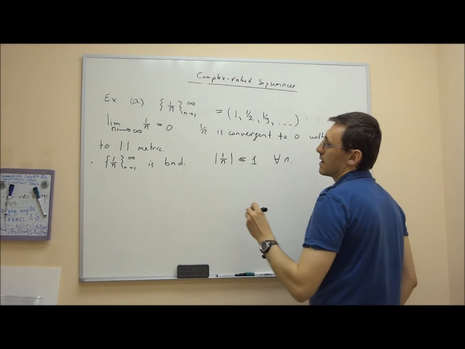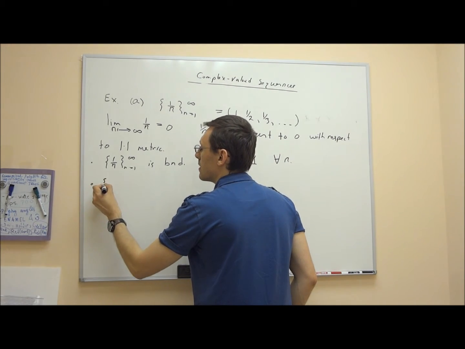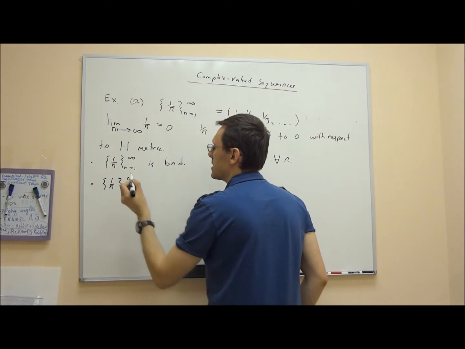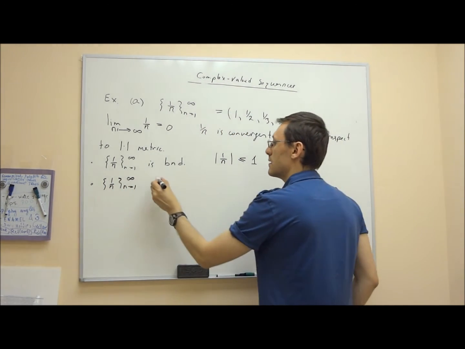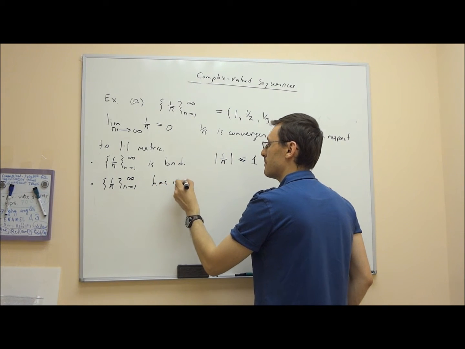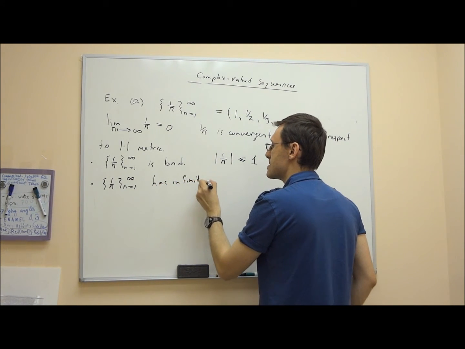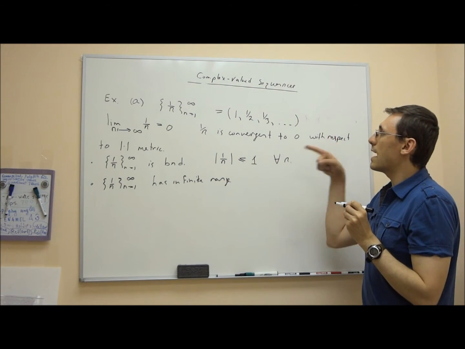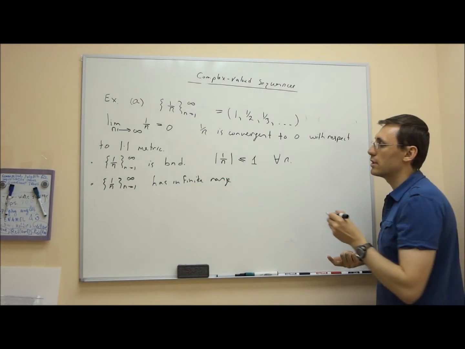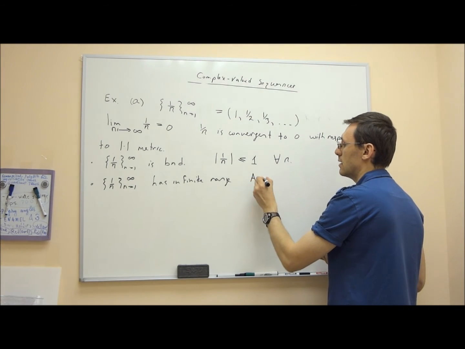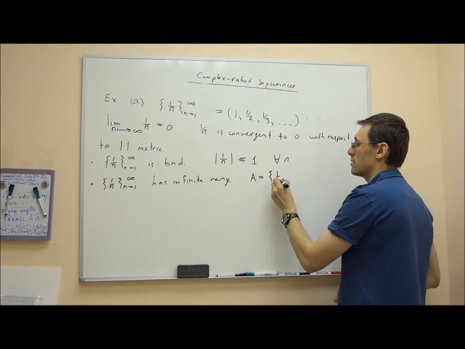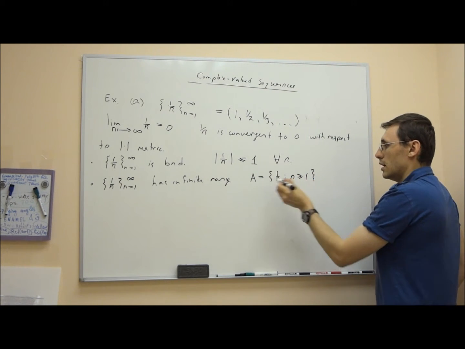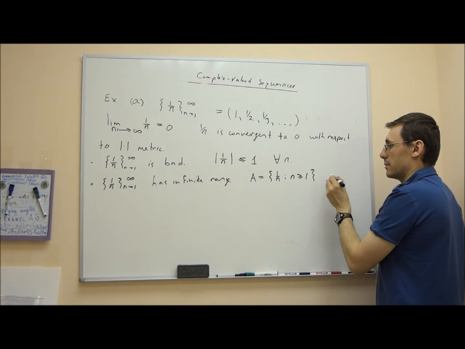This is an infinite sequence. More precisely, the sequence has infinite range, because the outputs are 1, 1/2, 1/3, there are infinitely many outputs. The set A, which contains all the 1 over n such that n is bigger than or equal to 1, this set contains infinitely many elements.